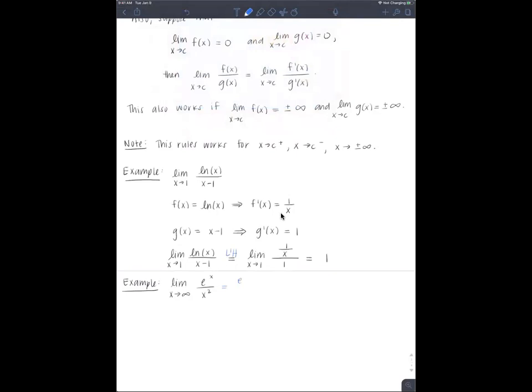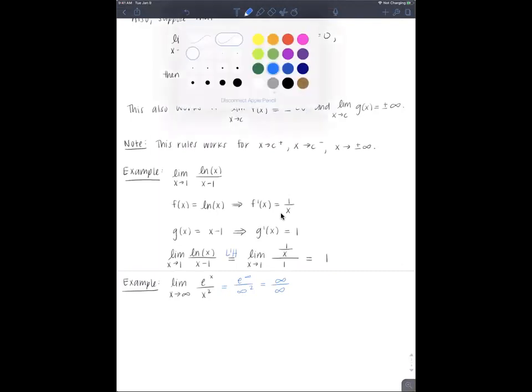So e to infinity over infinity squared is going to give me what? Yeah, you would get infinity over infinity, right? Because on the graph of e to the x, as x gets really large, y gets really large too. And so here you're getting infinity over infinity, so we're going to use L'Hopital's rule.